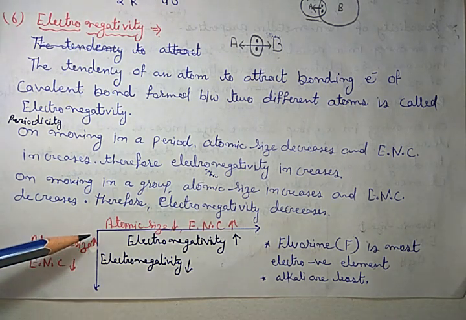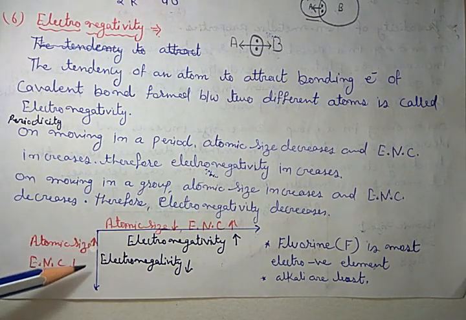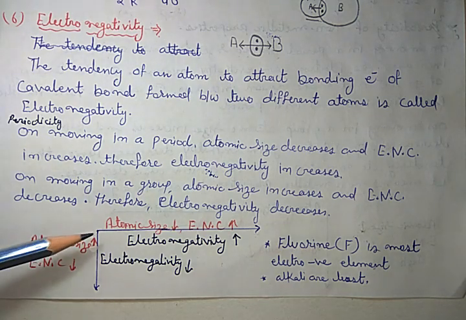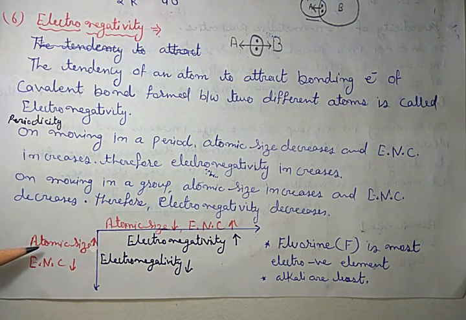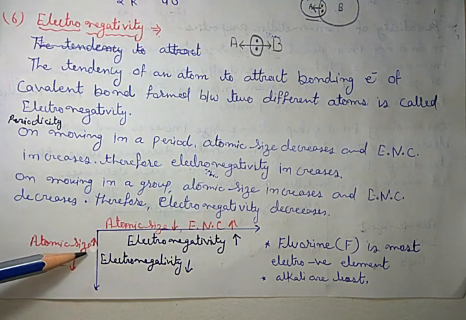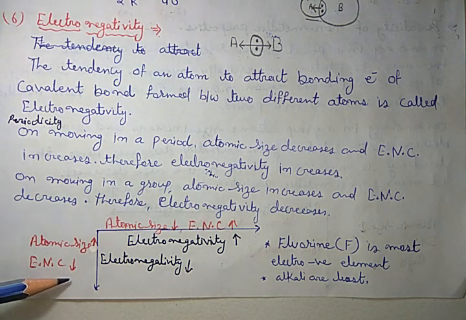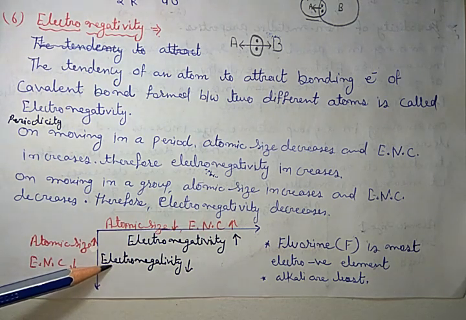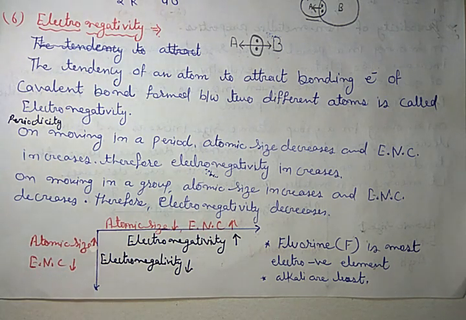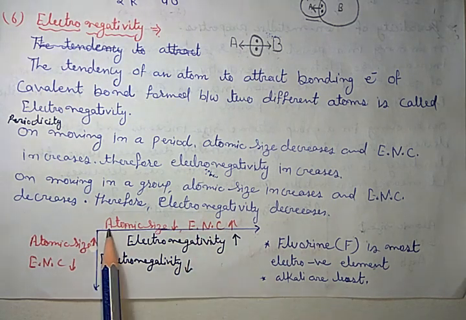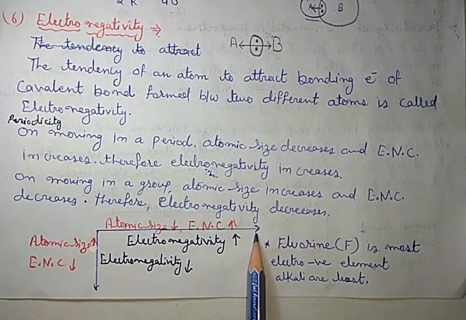If we consider the group, as you know, when we move down in a group, the atomic size increases and effective nuclear charge decreases, and because of that the electronegativity decreases. So in simple words, we can say that in a period electronegativity increases, in a group it decreases. Got it?